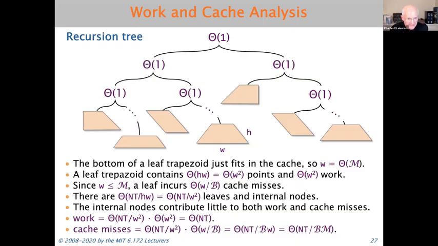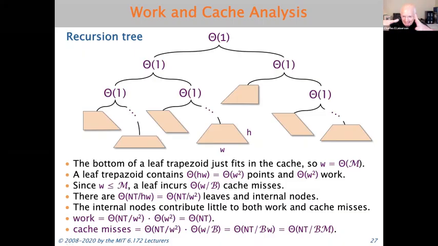So wasn't it NT over B misses before? Yes. It was NT over B before. But here it's B, you know, we're getting an extra factor in the denominator of M, right? Because essentially, as you go down the tree, eventually a trapezoid fits into cache.